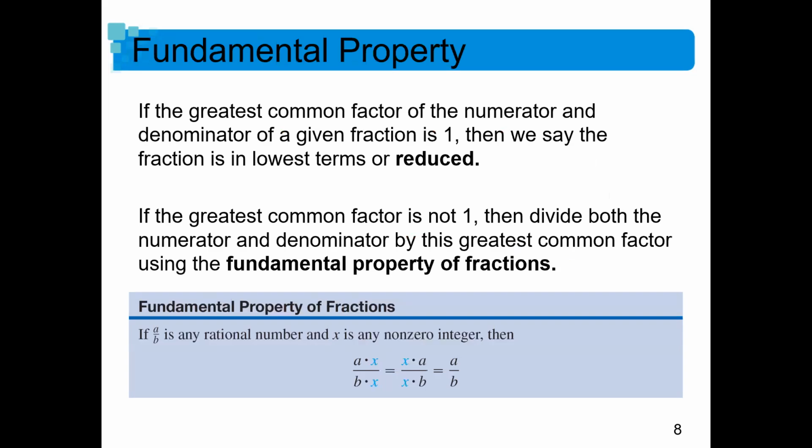So the fundamental properties. If the greatest common factor of the numerator and the denominator of a given fraction is 1, then we say the fraction is in lowest terms or reduced.